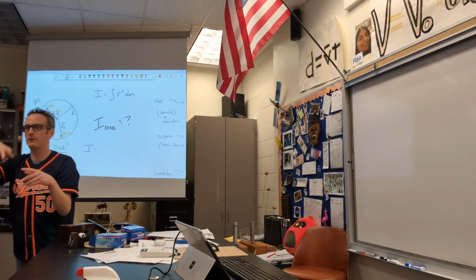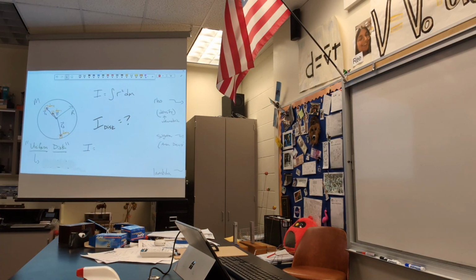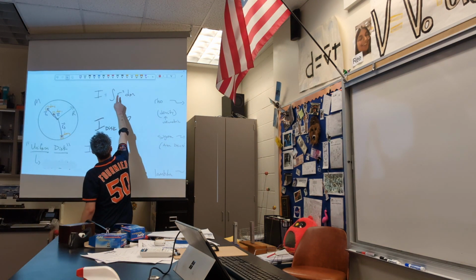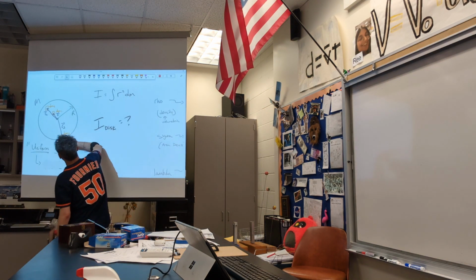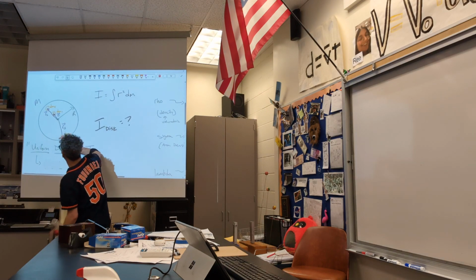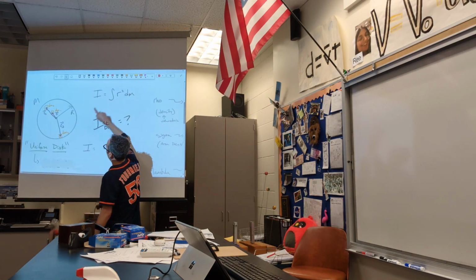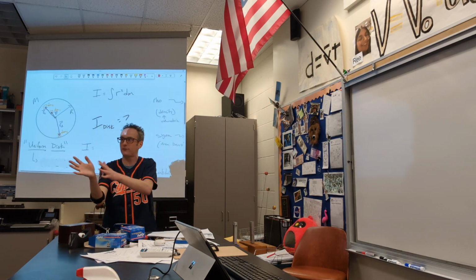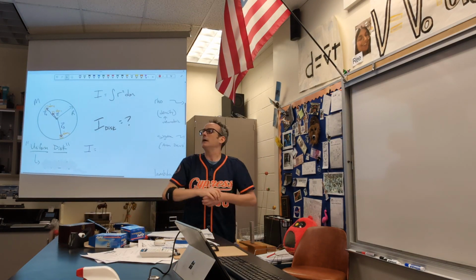In this case, the disk is rotating around its center of mass. So this equation is saying add up all of the little masses, dm1, dm2, dm3, a bunch of little chunks, take how far away they are from the axis of rotation, square it, and sum all of that up.